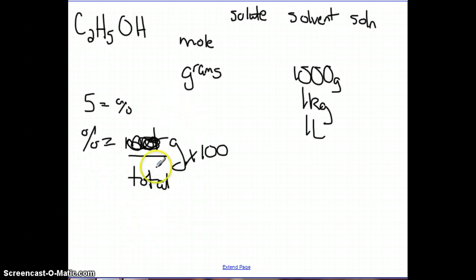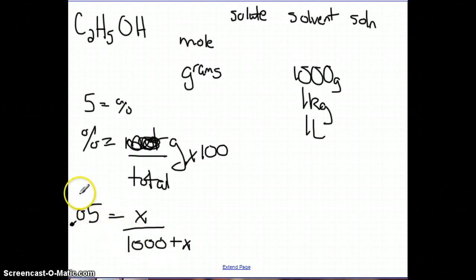So if we set this up and call our grams of solute X, we'll have 5% equals X over our total, which is going to be 1,000 plus whatever our solute is, so 1,000 plus X, times 100. So we can just go ahead and divide that 100 out, and that'll give us 0.05 over here, taking it back to decimal form.